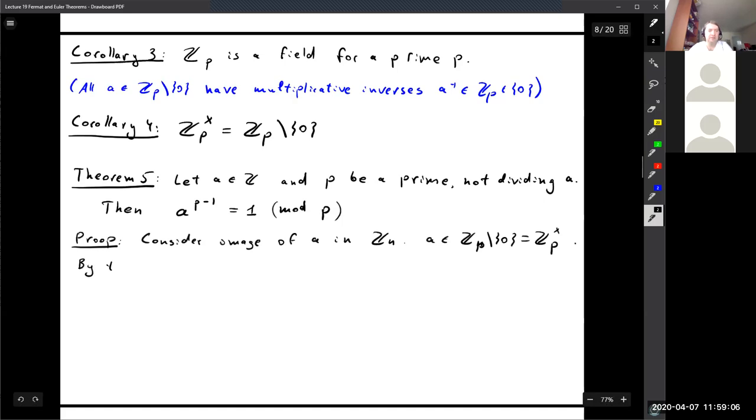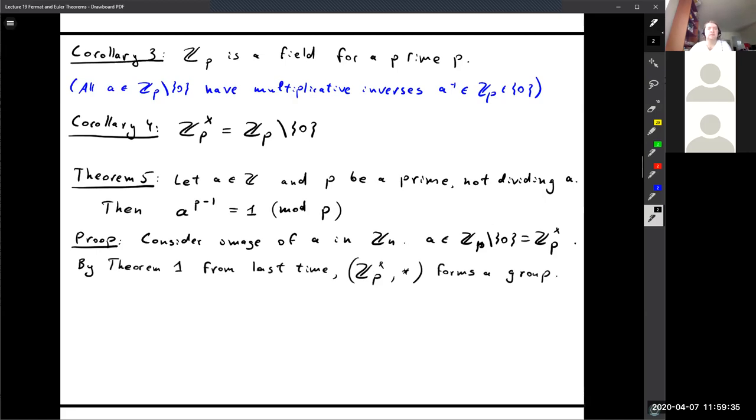Now, by theorem 1 from last time, Z_P cross with the binary operation multiplication forms a group. Now, the order of Z_P cross, right, is P minus 1.